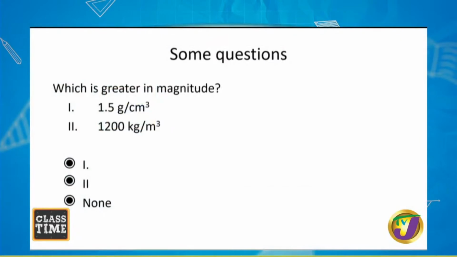Could they have the same magnitude? Well, when I look at it, I see 1.5 and 1,200. Something tells me that they may not have the same magnitude. So none is not correct, and we're left with 1 and 2. The thing that we have to do is convert both of them to the same unit.